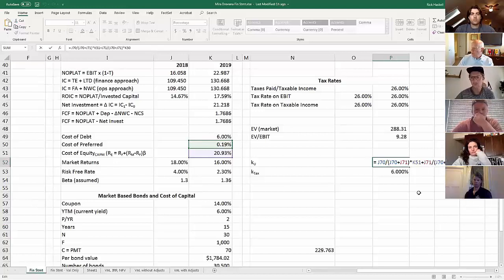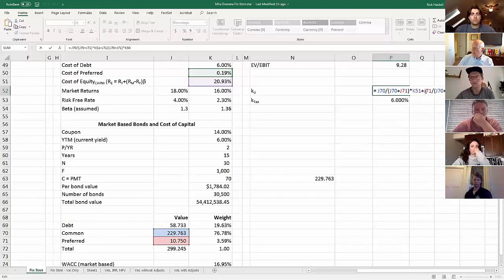Well, in the second part of the equation, I've taken the value of the preferred, right down here in J71, the value of the preferred, again divided by the value of both the common and preferred. So here in this first term, I end up with the weight or the percentage of the equity represented by common stock.